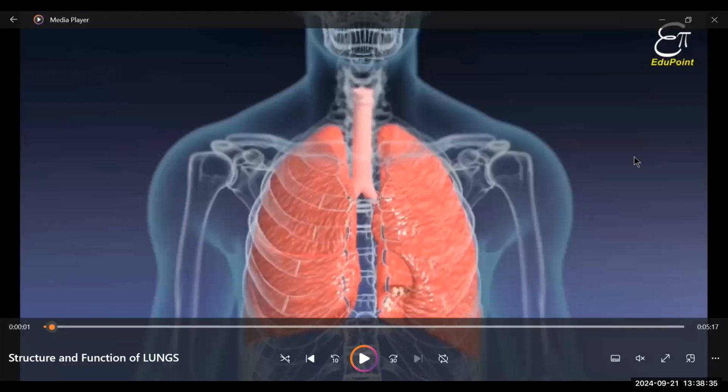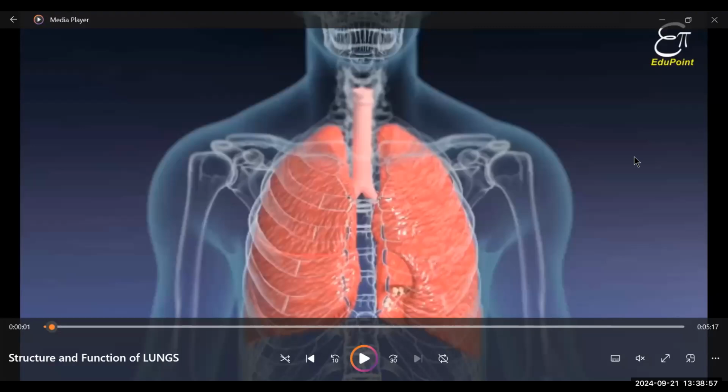If you feel again between the ribs, there's a space. If you want, you can feel between the ribs. There's a space. I told you there are 12 pairs of ribs. One is coming from the left side, the others coming from the right side.